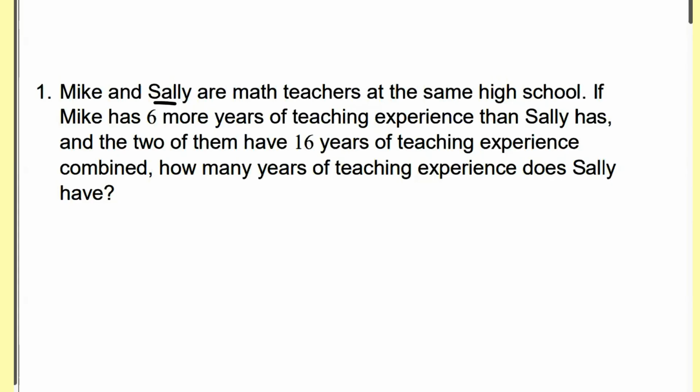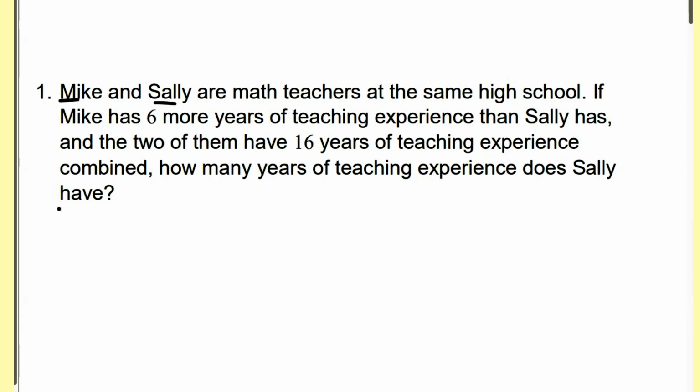I am going to indicate Mike as M and Sally as S in solving this particular question. For the first one, it says that Mike has 6 more years of teaching experience than Sally.